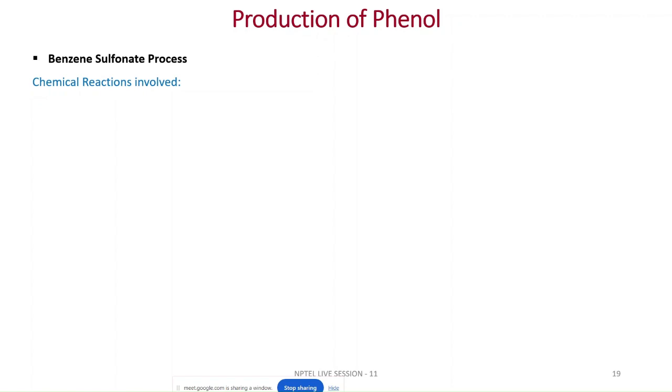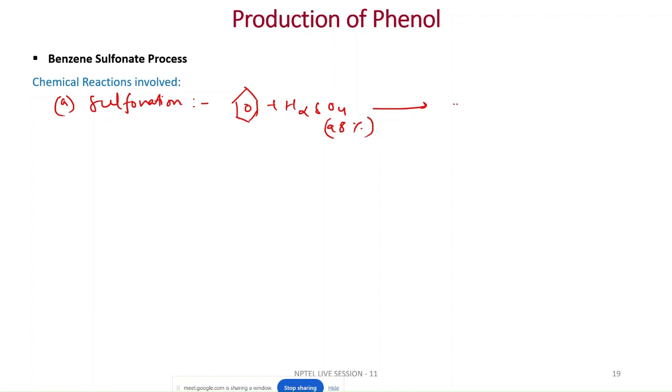First step is the sulfonation process, where benzene is reacted with sulfuric acid, which is very highly concentrated sulfuric acid, and it forms benzene sulfonic acid.